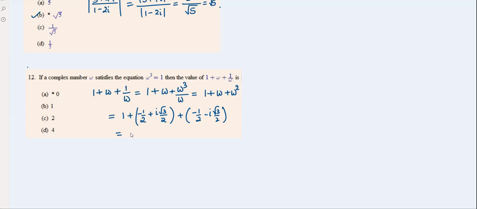So you get 1 minus half minus half is minus 1, and plus I times 0, because these two cancel. So you get 0. Sum of the roots of the cube roots of unity, 1 plus omega square, is 0.